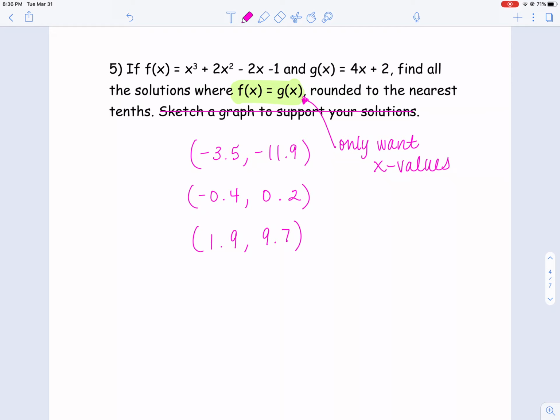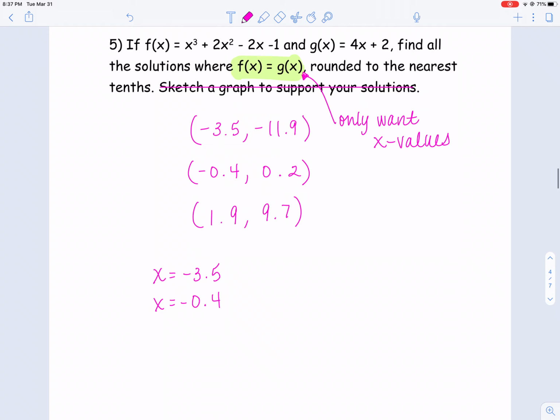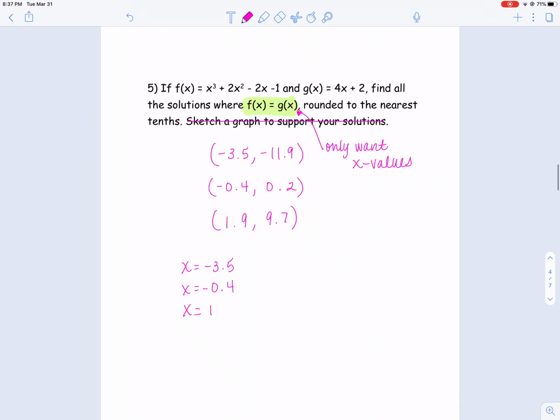So technically, your answers are when x equals -3.5, when x equals -0.4, and when x equals 1.9, okay? These are your answers. So you have to be very careful. If they just say find the solutions, then the points of intersection will be your solution. But if they say where f of x equals g of x, you're only going to state the x values.